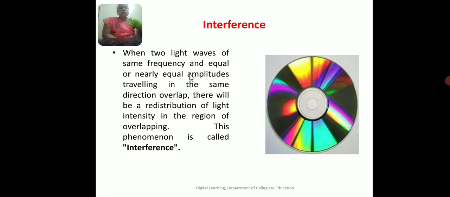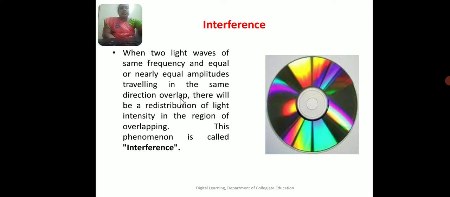Interference of light is defined as: when two light waves of the same frequency and equal or nearly equal amplitudes, traveling in the same direction, overlap with each other, there will be a redistribution of light intensity in the region of overlapping. This phenomenon is known as interference.